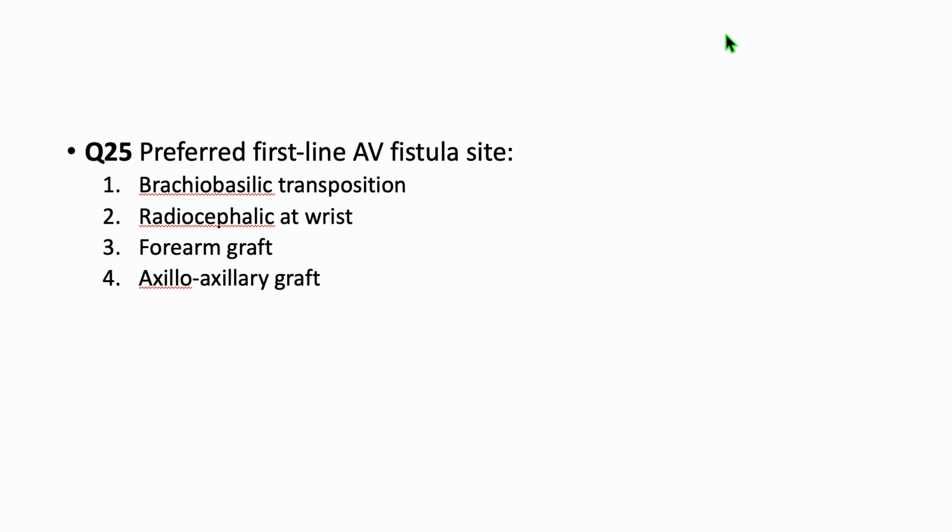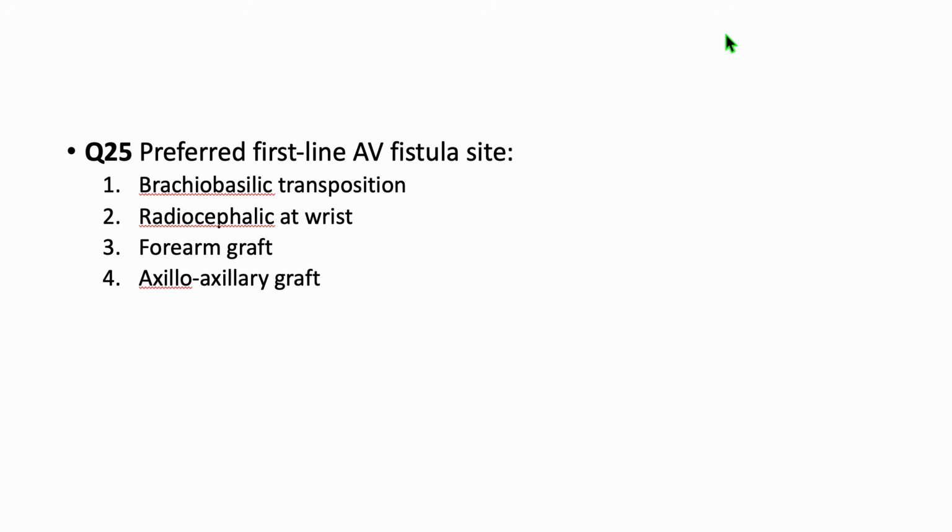Moving ahead, this question is based on vascular access. It says preferred first line AV fistula site. So what will be the preferred first AV fistula site in a patient? The first option is brachiobasilic transposition. Option second is radiocephalic at wrist. Option 3 is forearm graft, and option 4 is axilloaxillary graft.